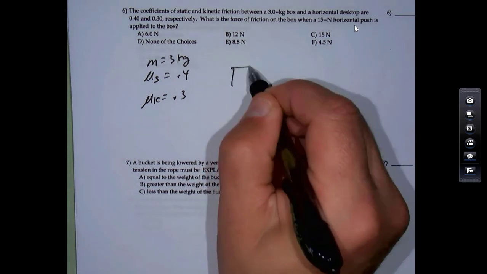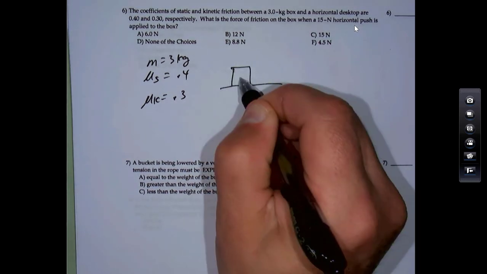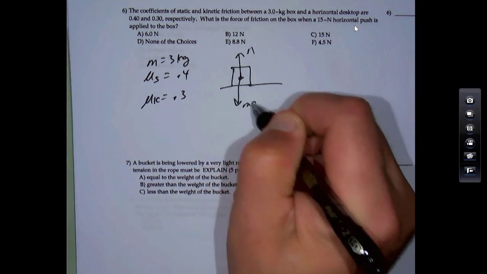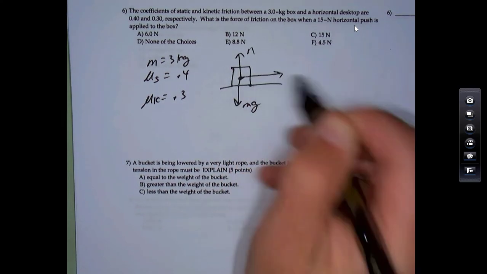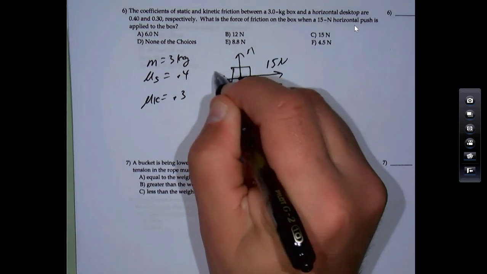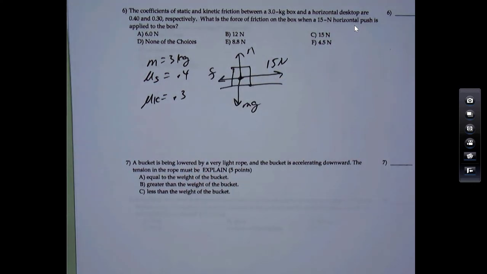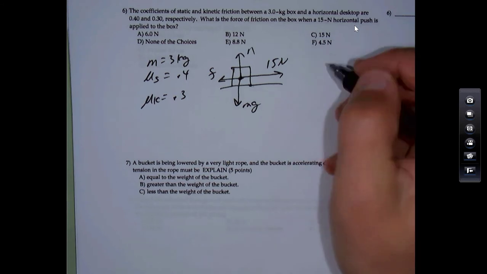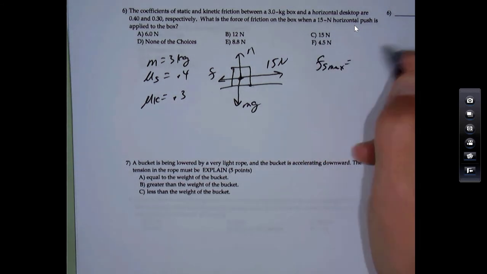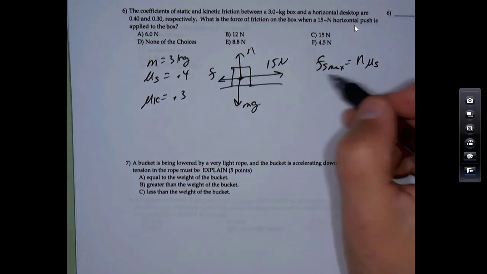Okay, so with these problems, let me draw the free body diagram. Normal force, mg, this is 15 newtons. We want to know how much friction is. We don't even know if it's static friction or kinetic friction right now. Let's see how much the maximum amount of static friction is. So maximum static friction is the normal force times mu sub s. That's the maximum amount.